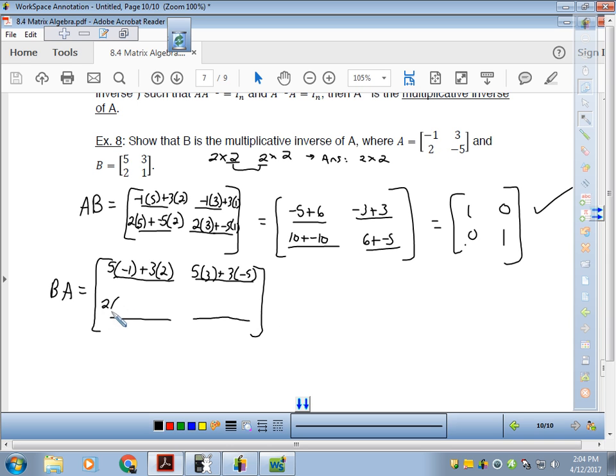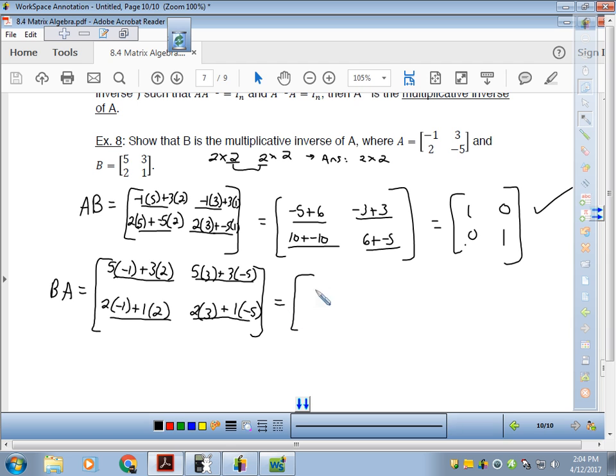So I'll have 2 times negative 1 plus 1 times 2. And then lastly, this is row 2, column 2. So I'm going to take row 2, which is 2, 1, multiply it by column 2, which is 3, negative 5. So I'll have 2 times 3 plus 1 times negative 5.